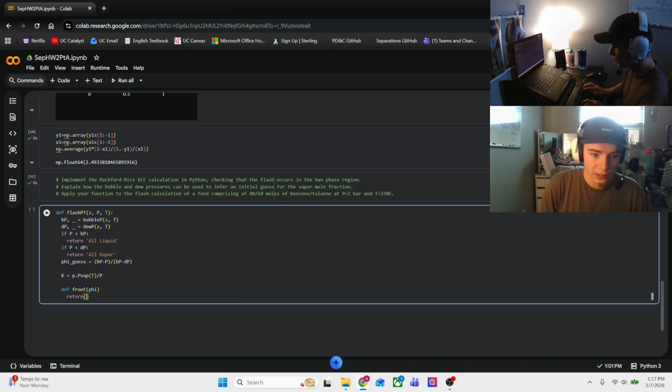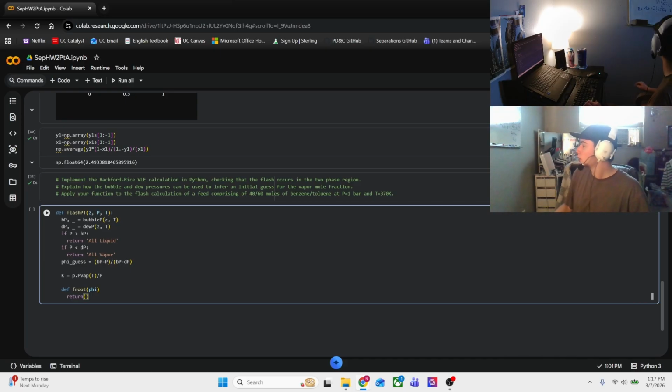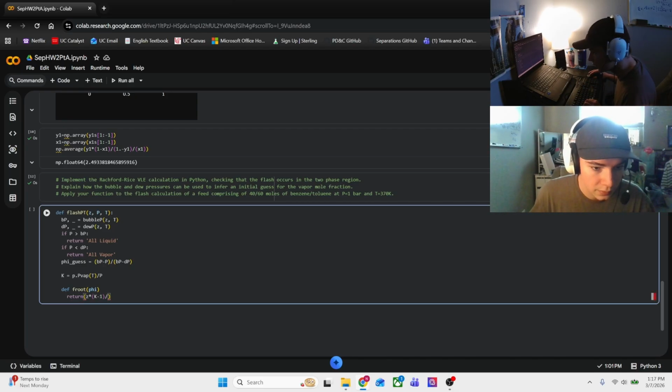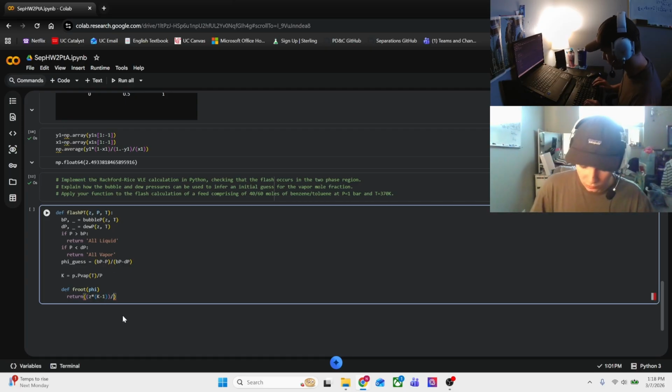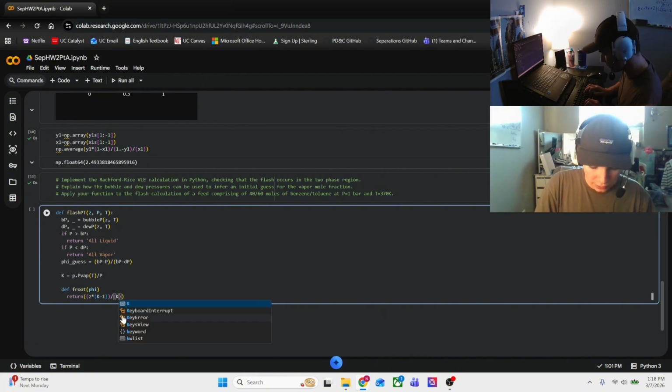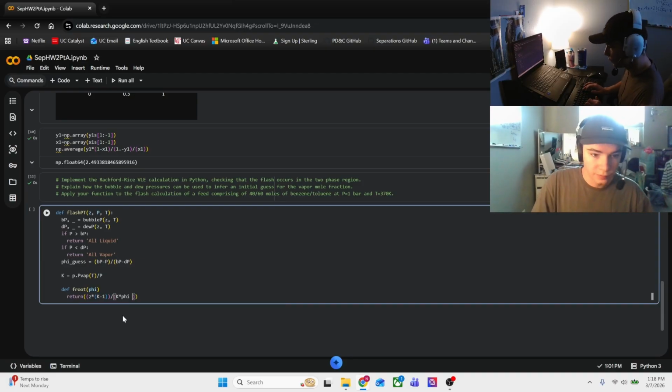So we're going to return, looking up at the board here, our Z times our K minus 1, all divided by, put this in parentheses, all divided by, looking up on the board here, that's going to be our K times our phi plus 1 minus phi.